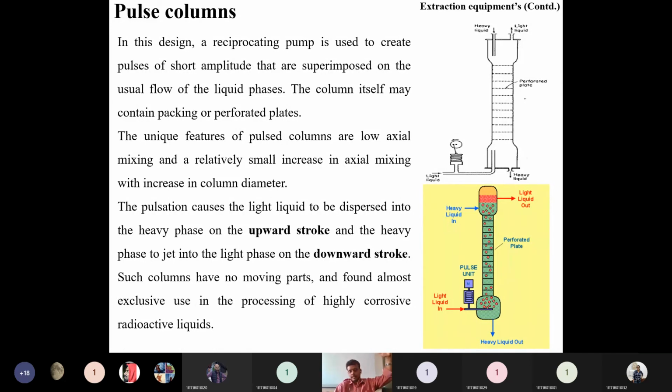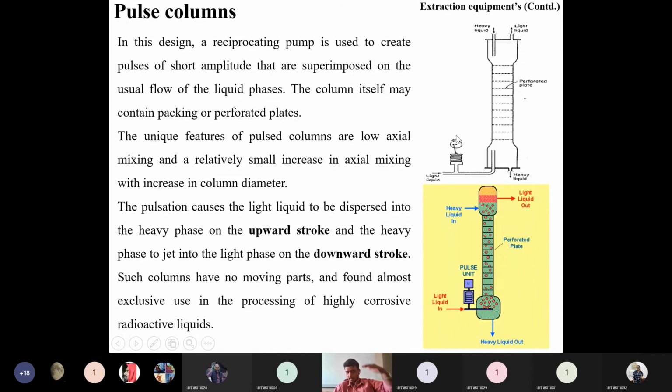When it is having an upper stroke, the light liquid will be dispersed into the heavy phase. When the stroke is going to the bottom, a jet of heavy liquid will be flowing. So when this produces an upper stroke, the light liquid will travel here as a dispersed phase.